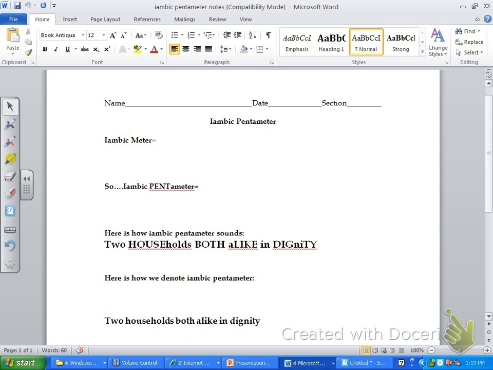The concept of an iambic meter has to do with the syllables in a word. One unit of iambic meter is going to be one unstressed syllable followed by one stressed syllable. So you should be writing this too.